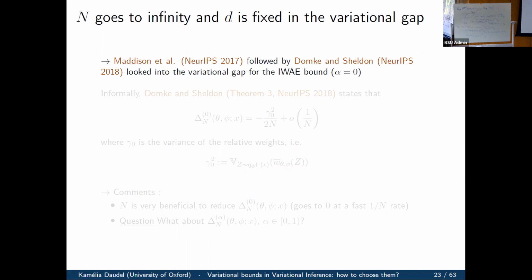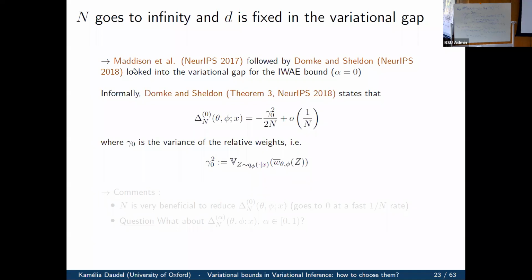So this kind of follows what you were saying, as in people know about the IWAE bound, it's a common bound, and they've tried to study it. So those two results follow one another, and I'm going to talk about Domke and Sheldon because it's a refinement of what they found in Maddison et al.